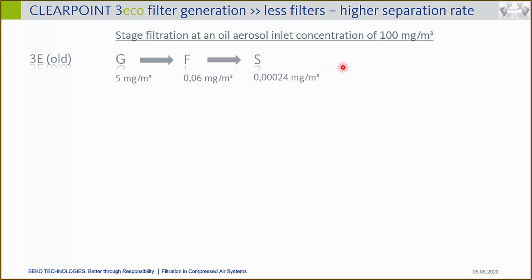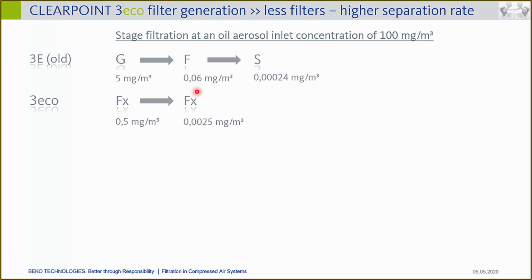But in the new situation, we have the 3-eco series, which starts with the FX because we do not have the G filter anymore. So around the fridge dryer, we would put in an F for the inlet conditions, and again an F for the outlet condition to avoid any particle or water aerosol carryover into the production process.